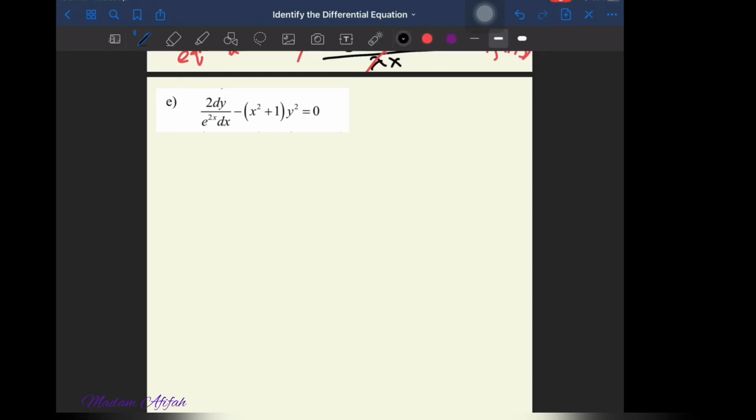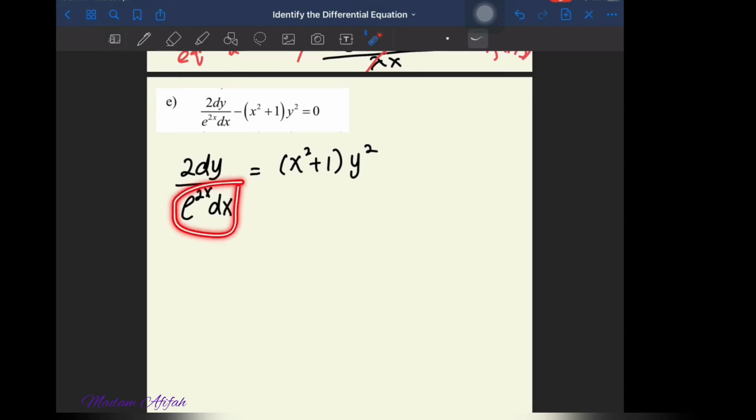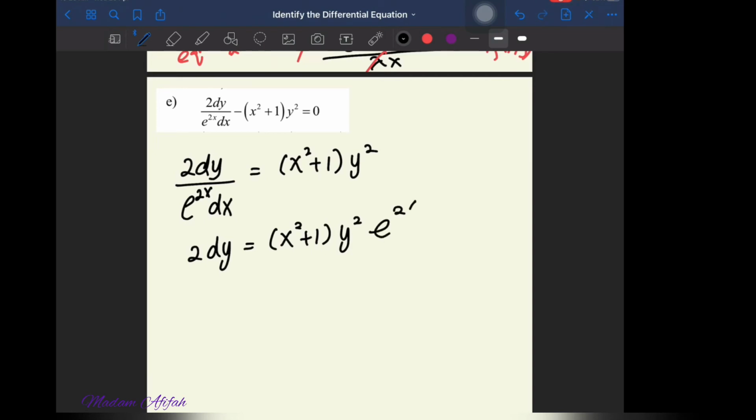Try to separate so that you will have 2 dy over e^(2x) dx is equals to (x squared plus 1), the whole thing multiplied by y squared. Okay? So you can bring this one to the right hand side, so that you will have 2 dy is equals to (x squared plus 1) y squared e^(2x) dx.